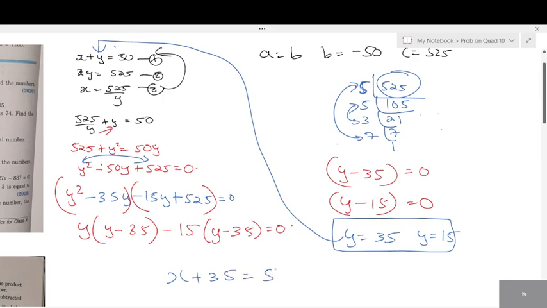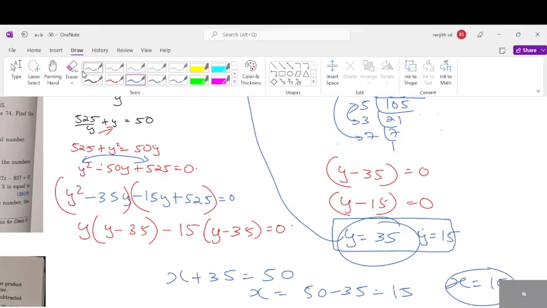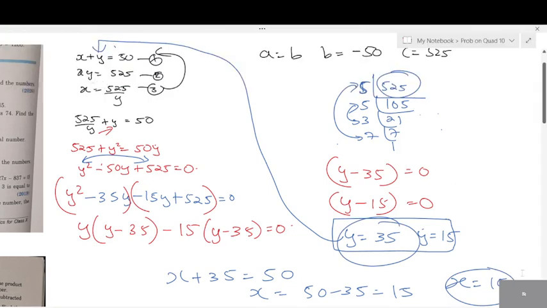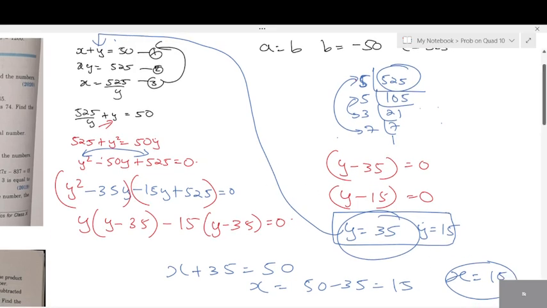X plus 35 is 50. Therefore, x is equal to 50 minus 35, which is 15. X is equal to 15, y is equal to 35. Did you all understand this method?